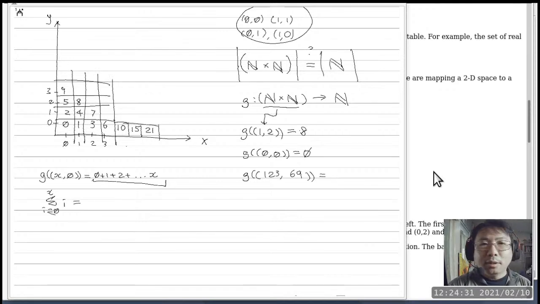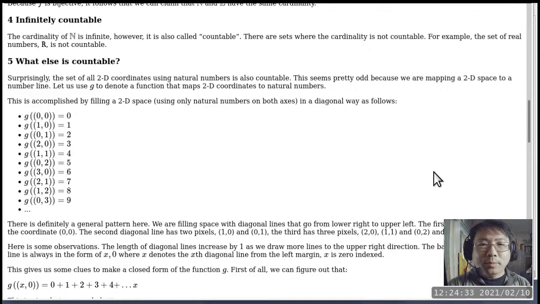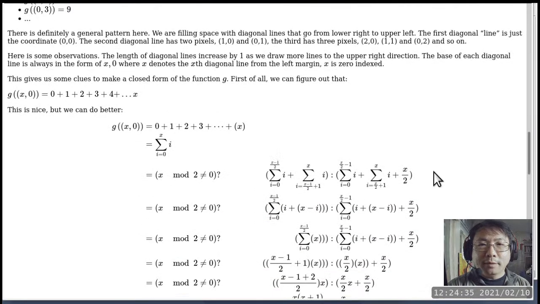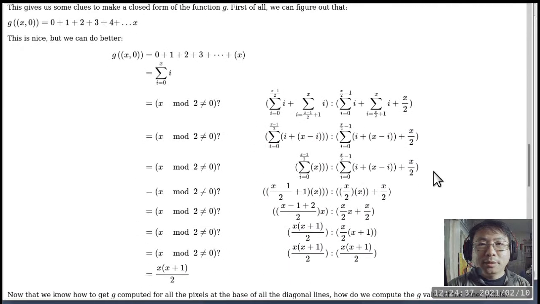If you refer back to my notes, I have this derivation here. Now you would say, but Tag, it's not necessary to derive this, because we know that 0 plus 1 plus 2 all the way plus x really boils down to x times x plus 1, the whole thing divided by 2.